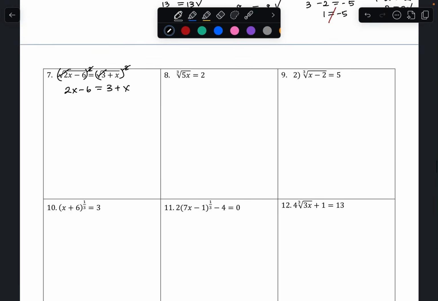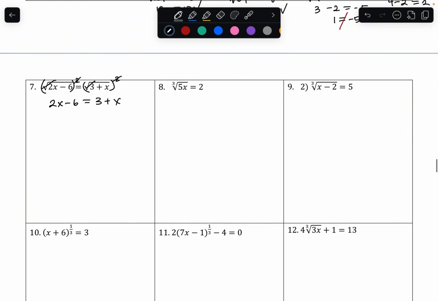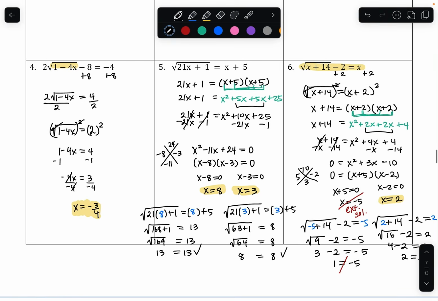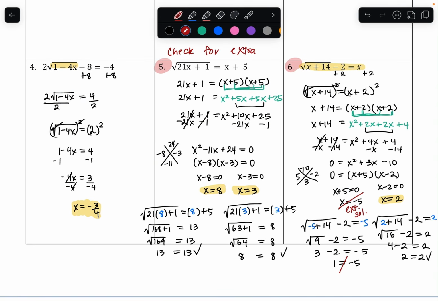And so this one, you really don't have to check for extraneous solutions. The extraneous solutions really only come up when you have variables on both sides where one is not under a radical, and so that's like 5 and 6. Check for extraneous solutions.